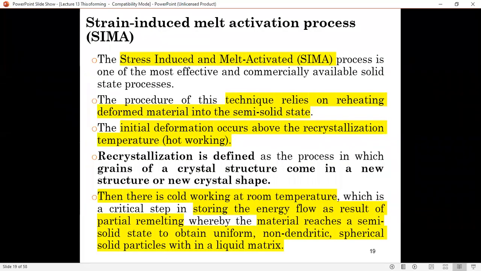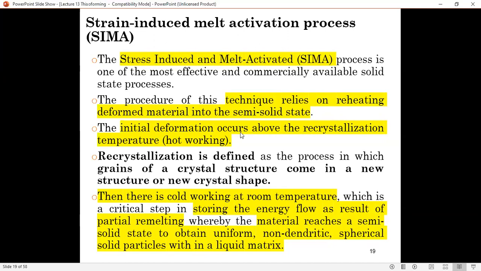Let's talk about the SIMA method, strain-induced melt activation. These techniques rely on reheating deformed materials into a semi-solid state. So you have a solid state, and you reheat the material, deformed, into a semi-solid state.